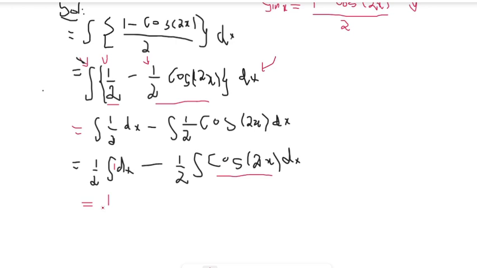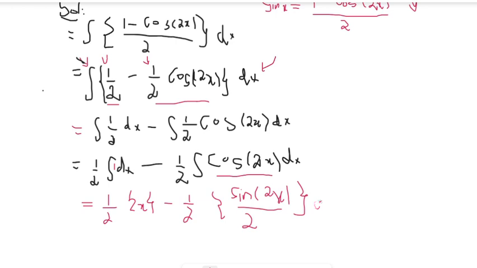We write 1/2 and the answer here is x, minus 1/2 times the integration of cos 2x, which is sin 2x upon 2. And then at the end we write the constant of integration.